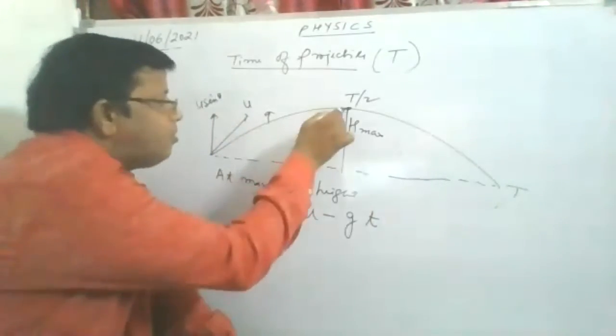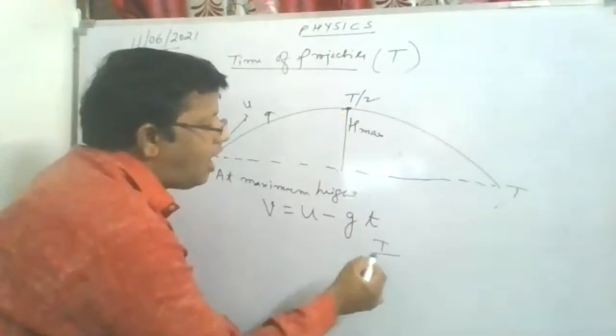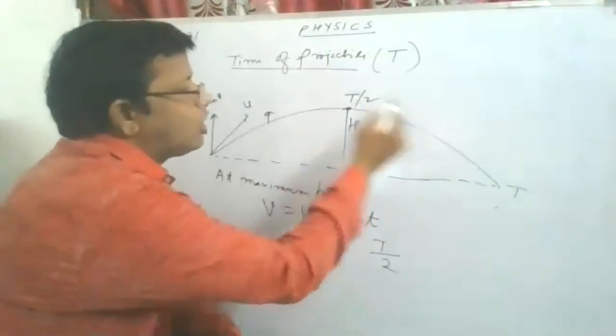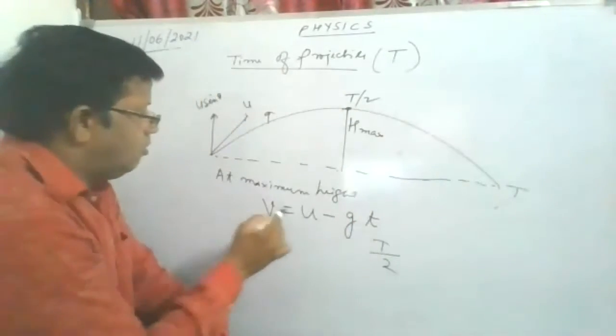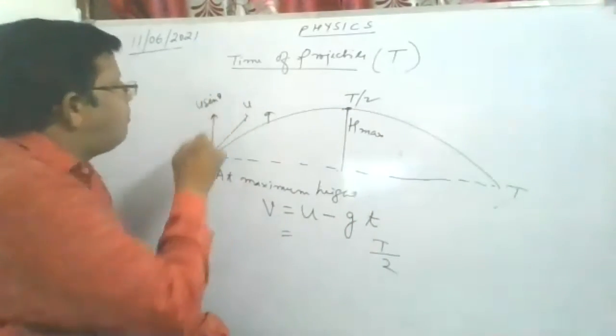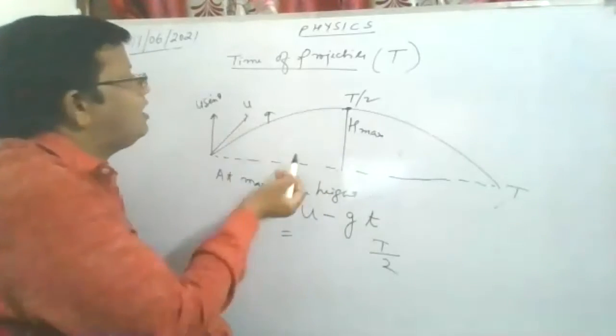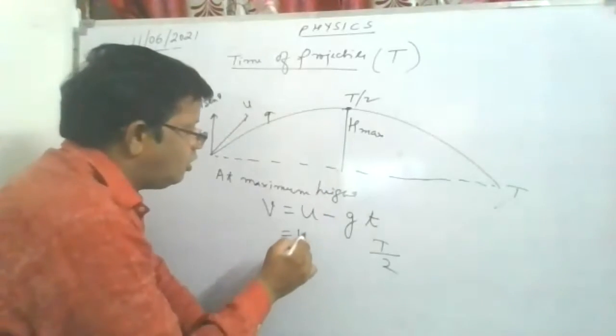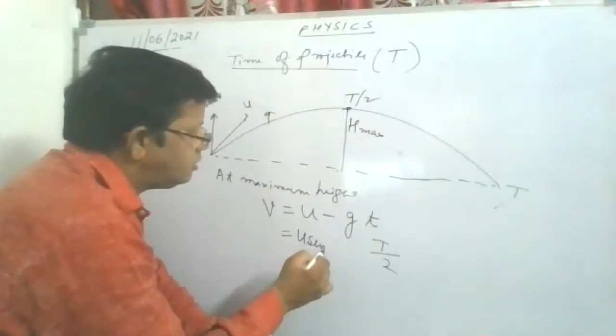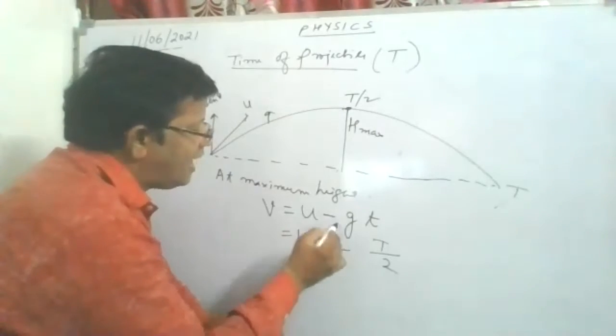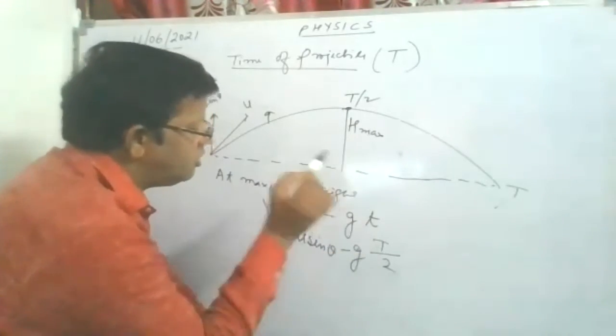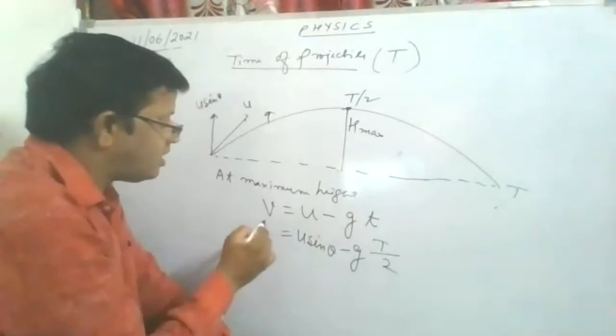So at maximum height, when the time is half, t by 2, if the total time is t, what is the initial velocity in the upward direction? Who takes the ball in the upward direction? u sin theta. What is the acceleration? g downward, that's why the minus sign.